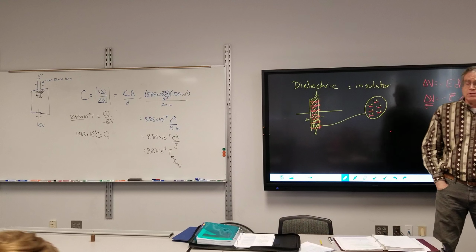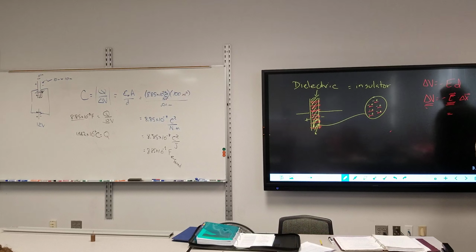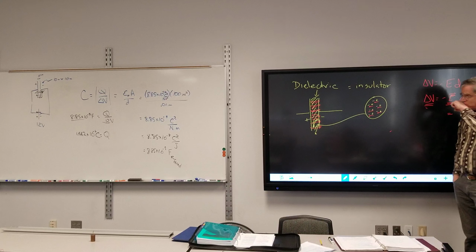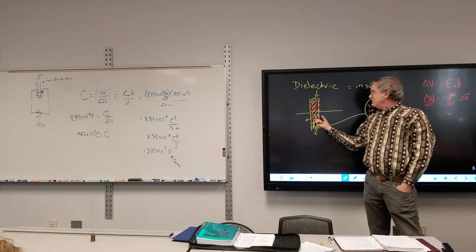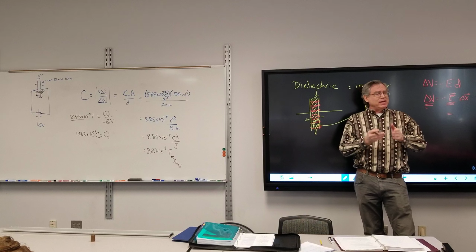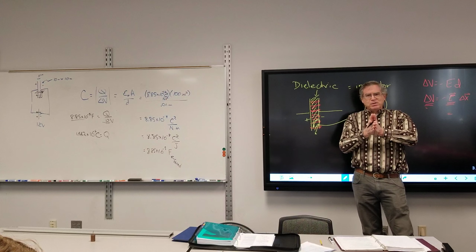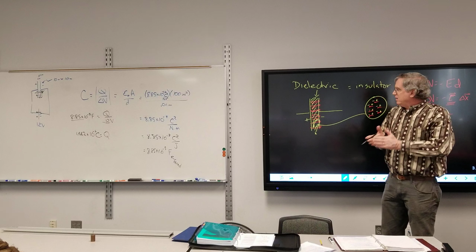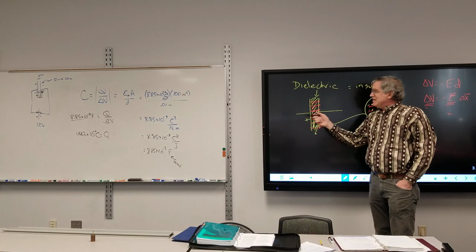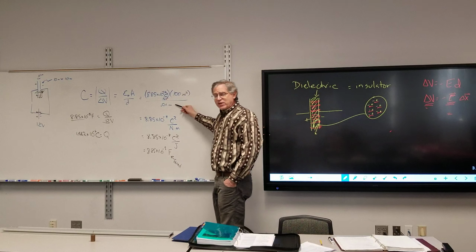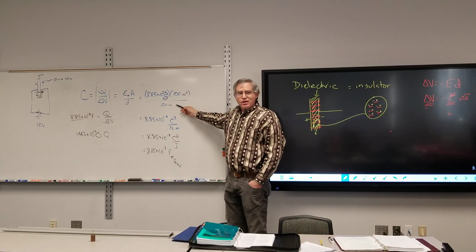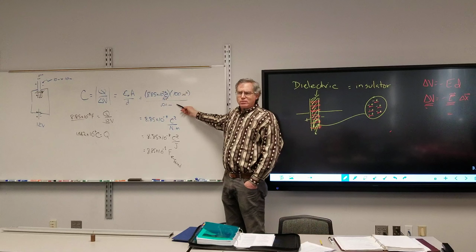Actually, it does two things. One, it does increase the capacitance by itself, but also if I put an insulator between the two plates, that means I can get the plates closer together. I can smash them together so that the distance between them, D, is whatever the thickness of the dielectric is, and in one lab, it'll be a piece of paper or several pieces of paper.